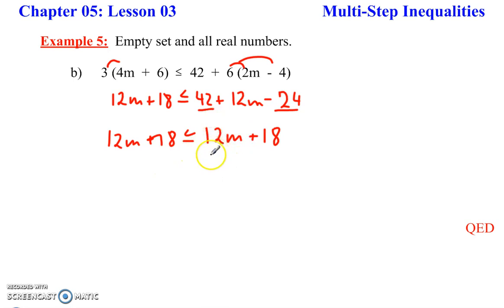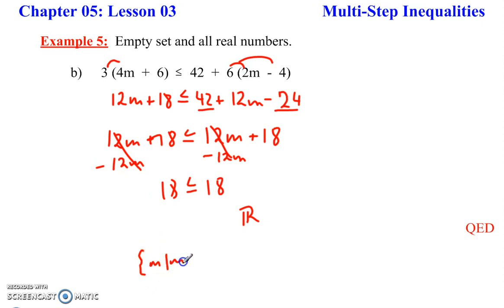And we could eliminate the 12m, 12m minus 12m, but most of you already see this. Okay, I'm going to have 18 is less than or equal to 18. Now that is true. It's not less than, but 18 is equal to 18. So in this case, we have all real numbers. If I want to write in set builder notation, I can write m such that m is all real numbers.